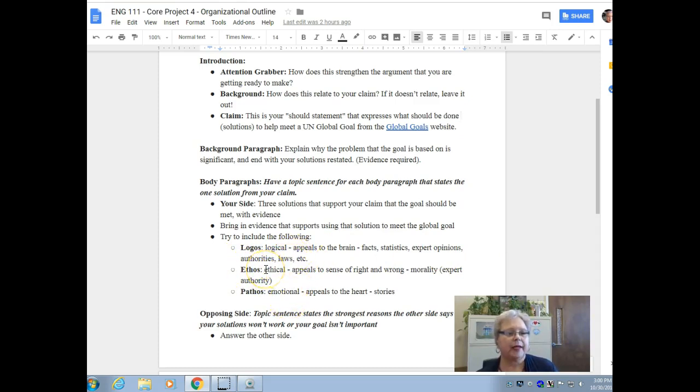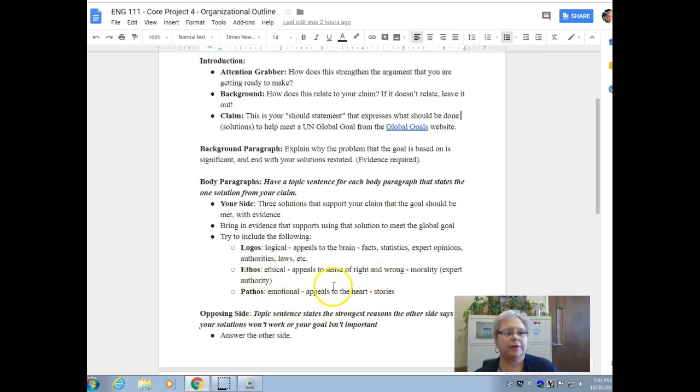Ethos, that is ethical argument, it appeals to the sense of right and wrong, the morality, and as we said last time, if your essay is well written, that gives you some ethical grit, I'll say, as long as your language is good and strong, that also adds to this type of argument, this ethical.